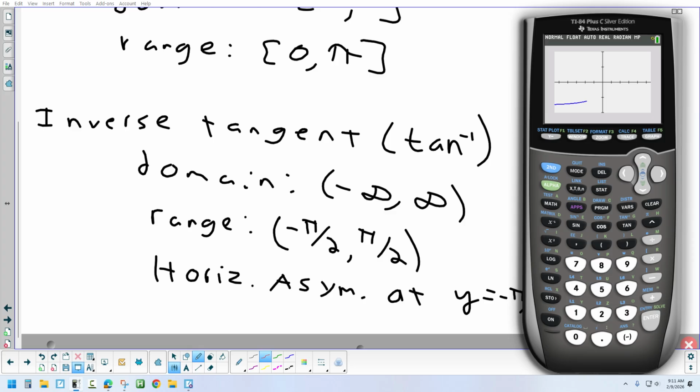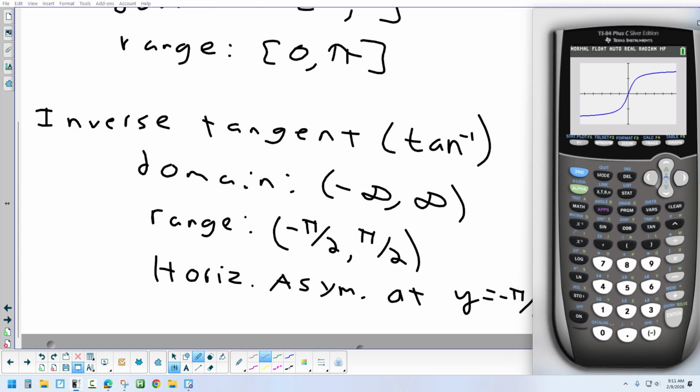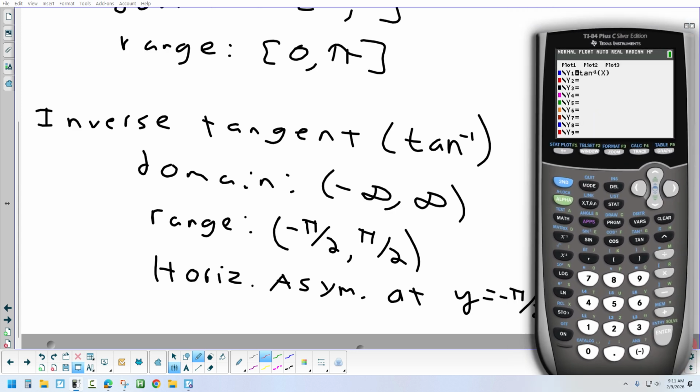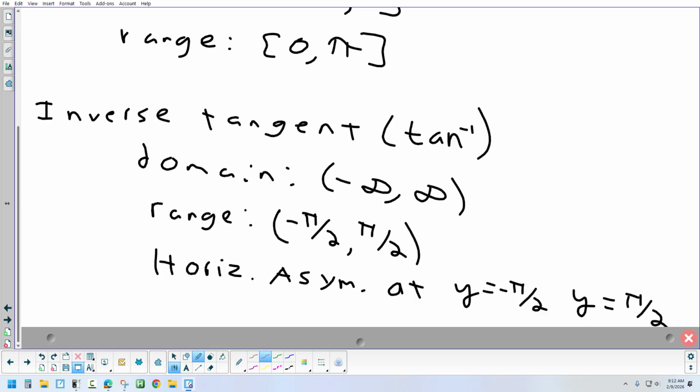Now the tangent curve looks mostly horizontal. Okay, so that is the graph of inverse tangent. And if you want to see your asymptotes, you could put in negative pi over 2 and pi over 2. And there's your asymptotes. So that's the graph of inverse tangent. Any questions on that?